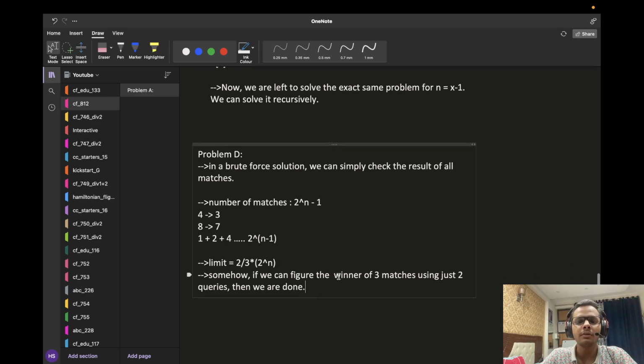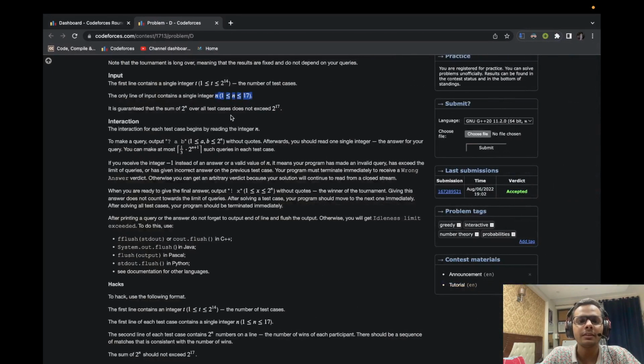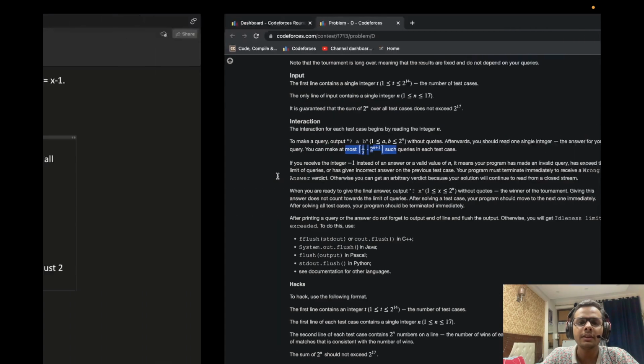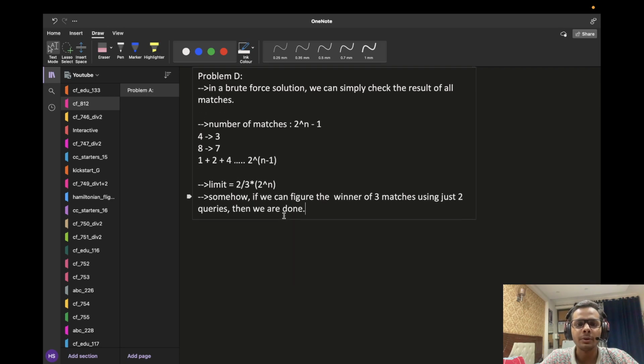Because if we use 2 queries to figure out the winner of 3 matches, then we will use 2/3 of 2 raised to the power n, which is our limit. And since there is this ceiling function attached here, we don't have to worry about that one extra query. So this is how we have to solve this problem. We have to somehow figure out the winner of 3 matches using just 2 queries. If we can find an algorithm which always does that, then we are basically done. Now let's see how we will do that.